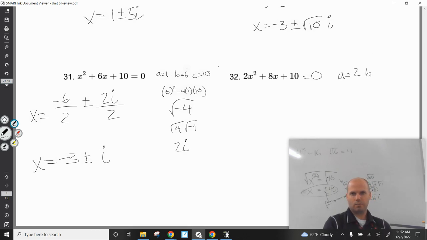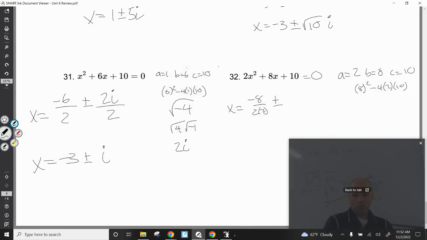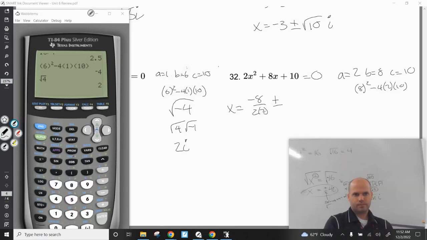A is 2, B is 8, C is 10. X equals the opposite of B over 2 times A, plus or minus. Let's figure out B squared minus 4AC using your calculator.